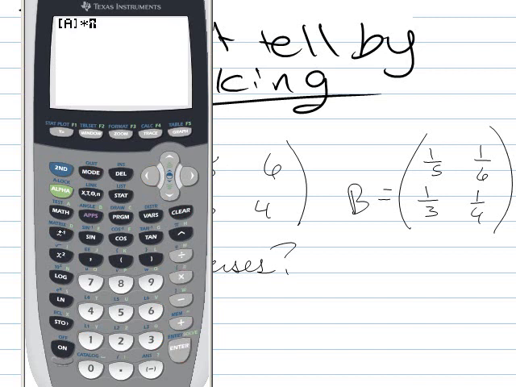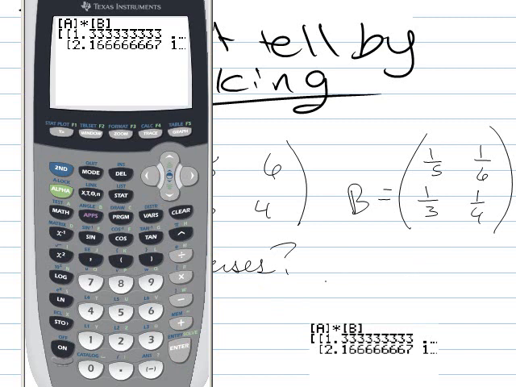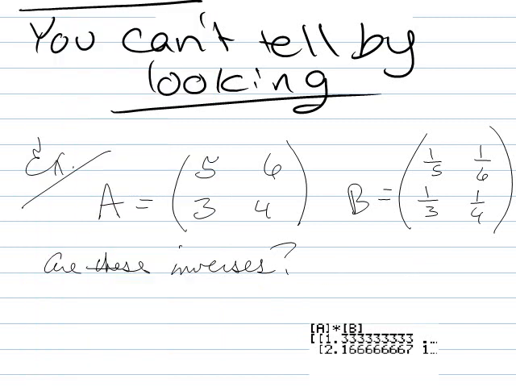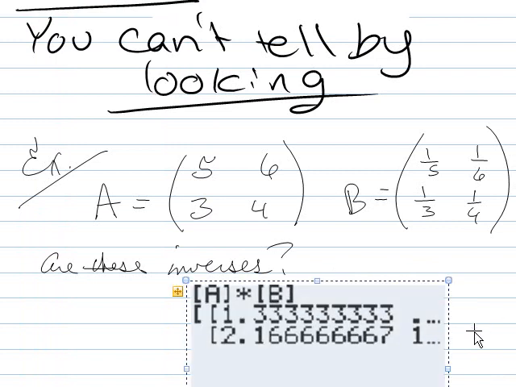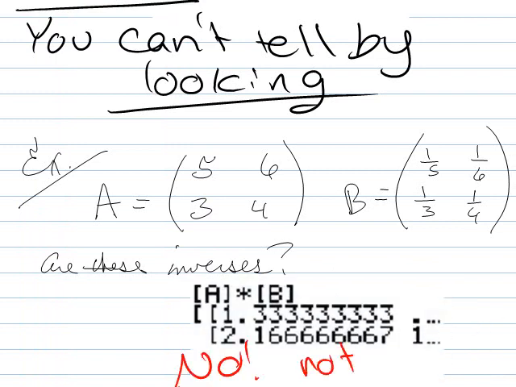So A times B is, yeah, something completely ridiculous and clearly not an identity matrix. So no, not inverses. All right, so you can't just say, oh, I'm just going to make this one up, because you can't ever come up with an inverse of a matrix just by faking it.